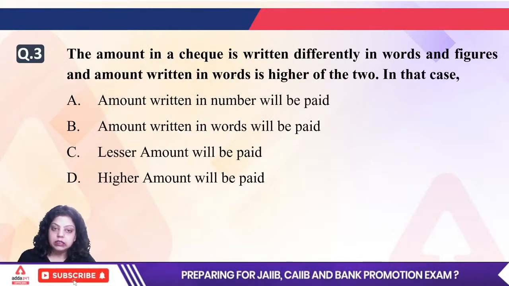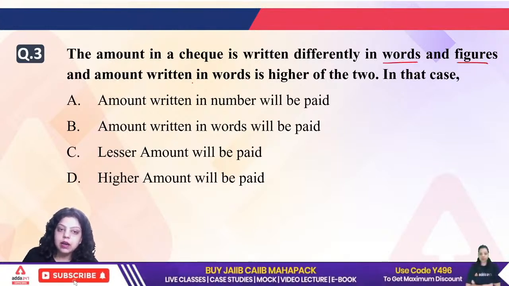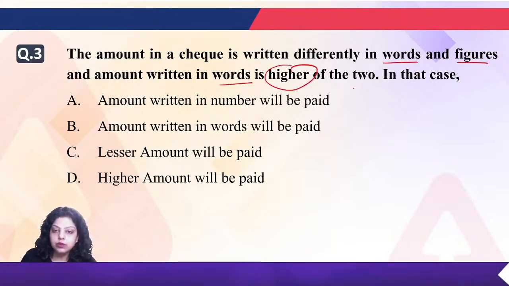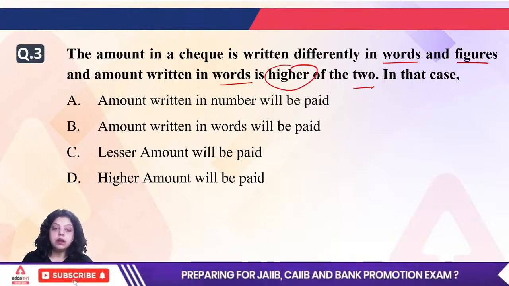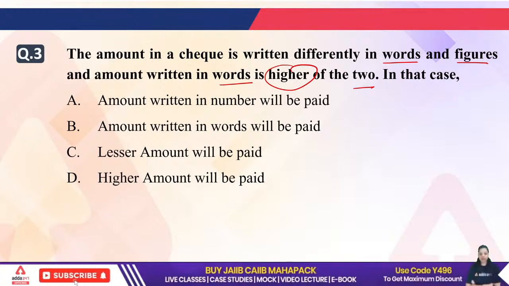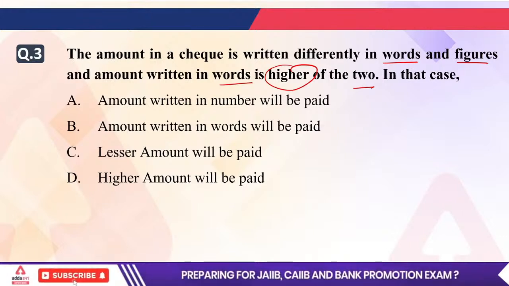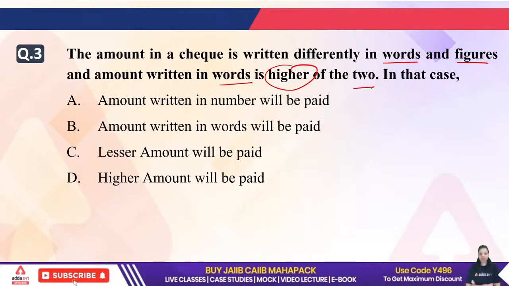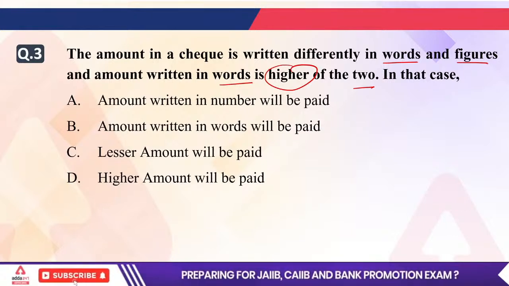Next, the amount in a check is written differently in words and figures, and the amount written in words is higher of the two. In that case, what will happen? The amount written in words and the amount written in figures are different in the check, and the amount in words is higher than the figures. First option: amount written in numbers will be paid.